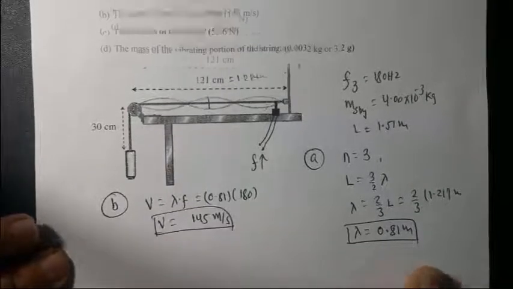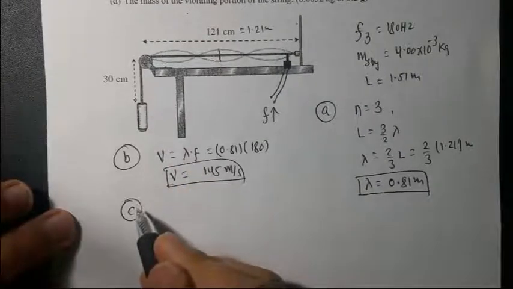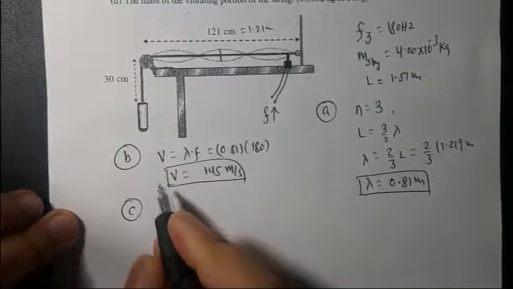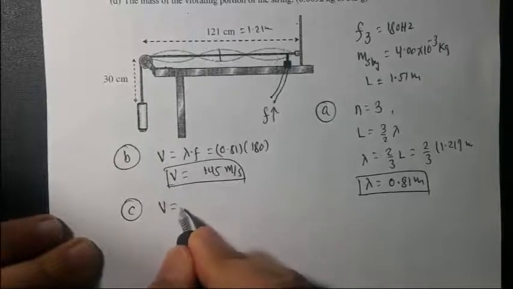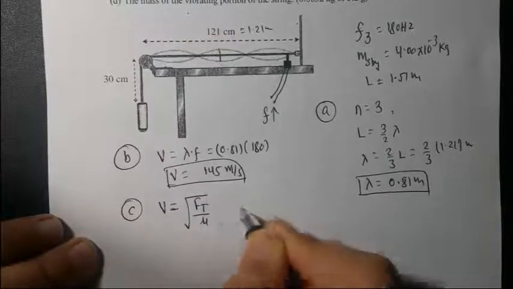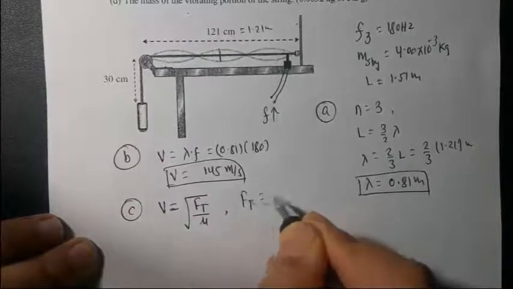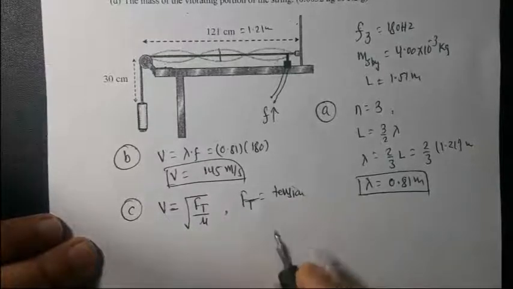Okay, and part C, what's the tension in the string? How does it relate to the speed of the wave? Remember one formula: the speed of a wave on a string depends on the force of tension and the mass per unit length. Ft is the tension in the string, which you'll have to find out somehow.